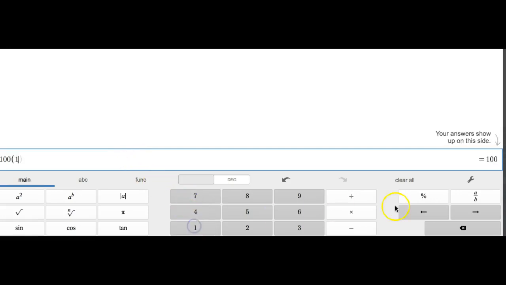And so we're going to do 1 plus 0.1, close parentheses. Now to get that exponent, I'm going to select that, and that was to the 6th year. Enter. Therefore, the total amount, and we need to round this correctly, is going to be $177.16. Okay?